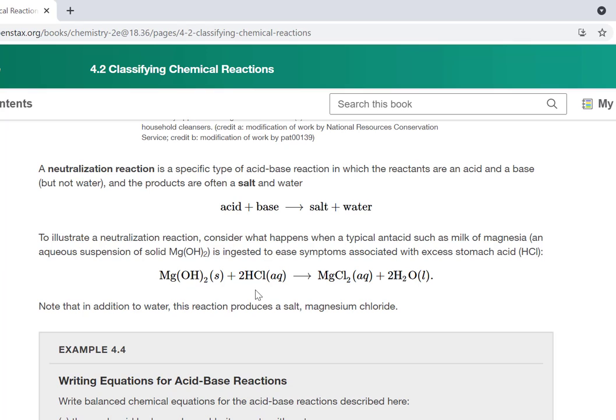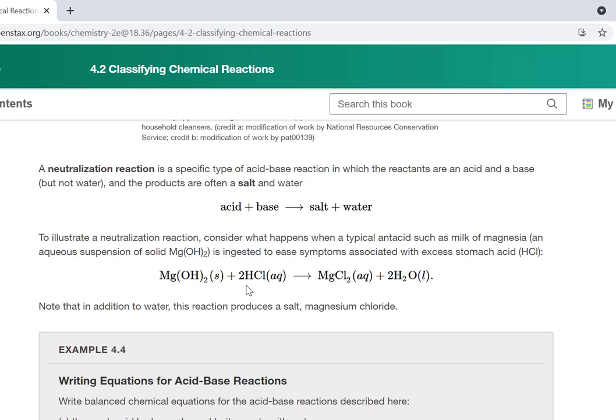So in balancing these, we know we have water. How many hydroxides do we have? We have 2 because of the subscript. That means we need 2 of the hydrogen.